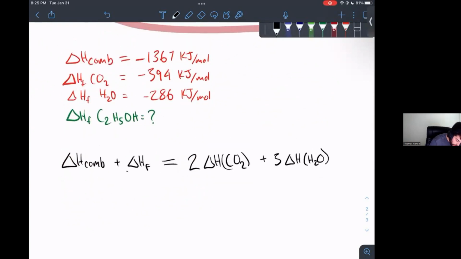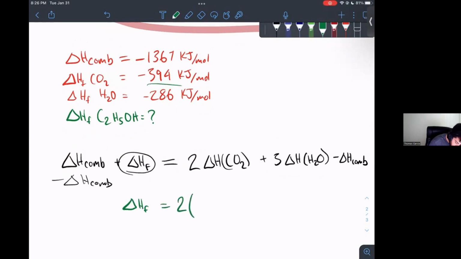So I know that this is what I'm looking for, so I'm just going to subtract the delta H of combustion from both sides, and then I can just write out my whole new formula. Delta H formation is equal to 2, and our CO2 value is right here, minus 394, plus 3 times minus 286, minus a negative 1367.